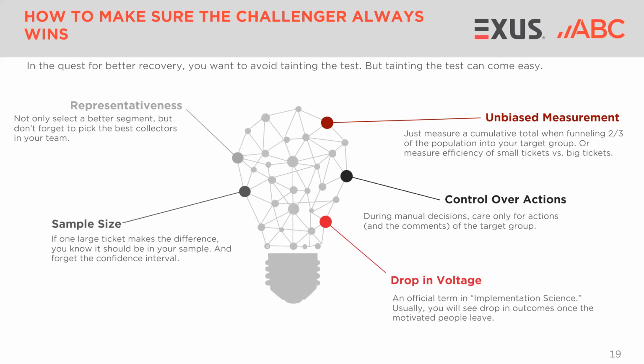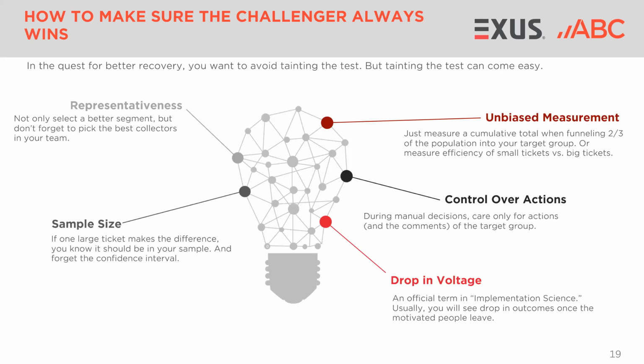Sample size. If one mortgage in the sample differentiates between the champion losing or winning, then the sample is too small. The bigger the sample, the better. As you saw, if I have 3,000 per group, the confidence interval is very small.